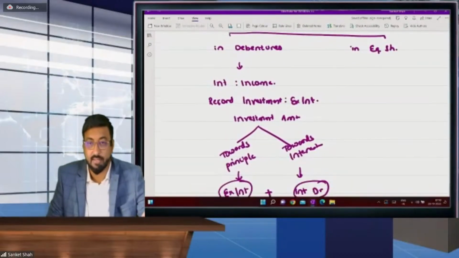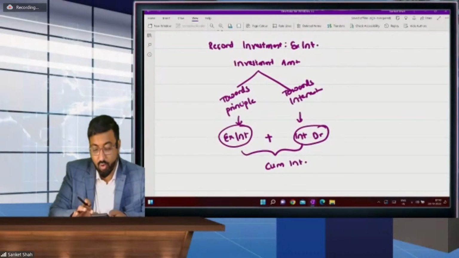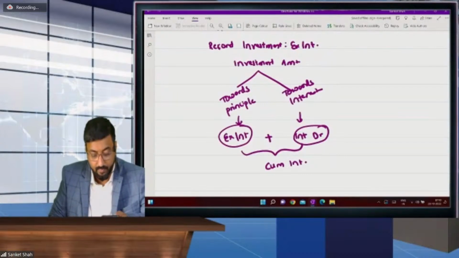Investment interest is income. Record the investment ex-interest: the investment amount is divided towards principal and towards interest. Ex-interest plus the interest expense which you have paid is called cum interest. No problem, beta. Rohit.